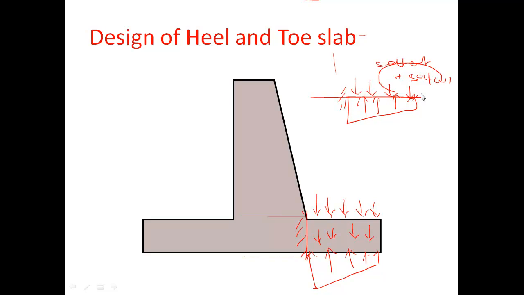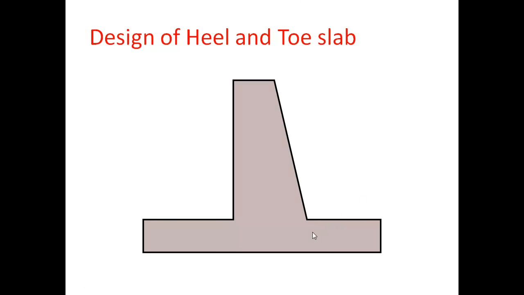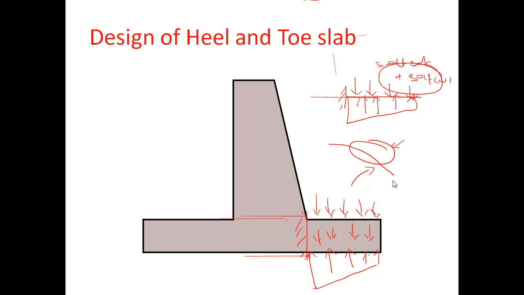Generally, the downward force here is more than the upward force. So the heel will bend in this fashion. So tension will develop in the top and compression will develop at the bottom. So we are providing tension reinforcement at the top in the heel slab, and we are calculating the amount of reinforcement in this heel slab by the equation I have previously given you.